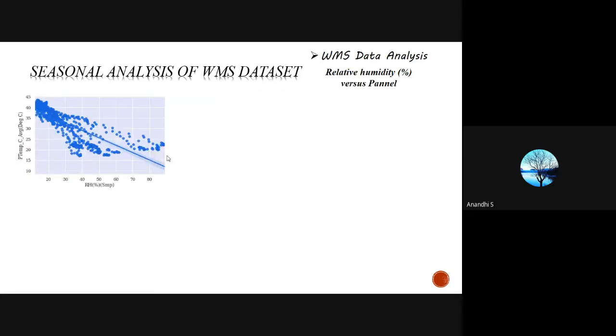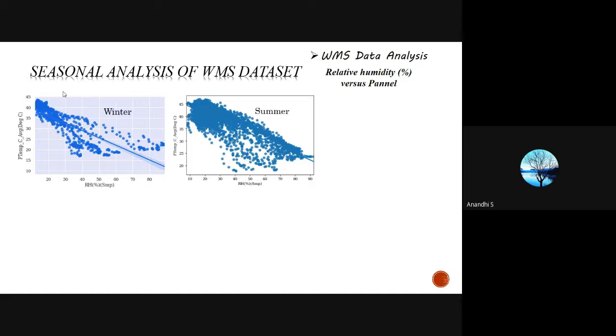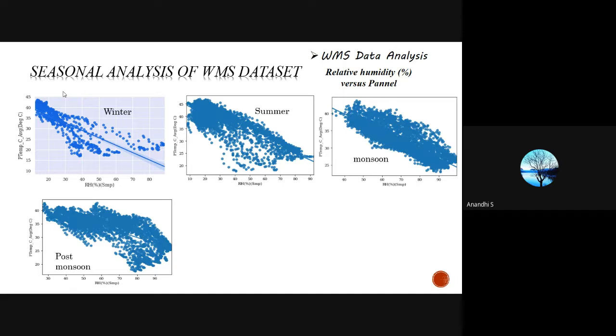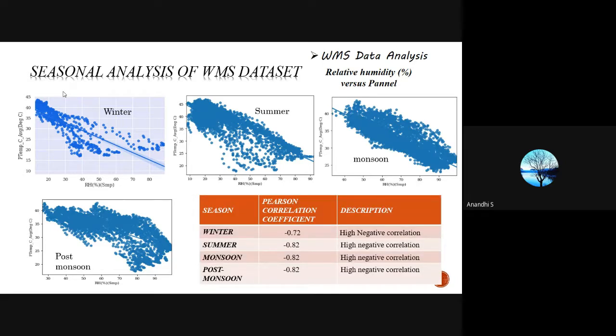Next, we can also plot this. These dots are the data points, and this line is a regression line. So I have plotted relative humidity versus panel temperature. This is for winter season, this is for summer monsoon, and this is for post monsoon.